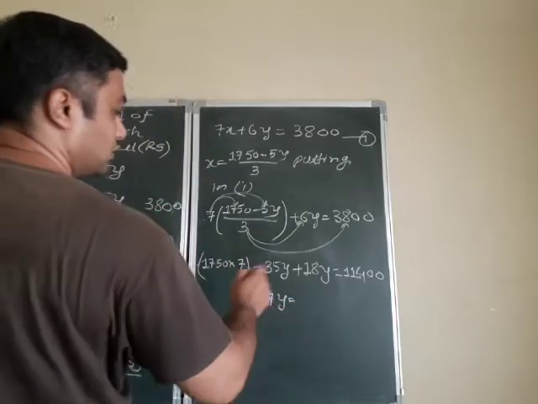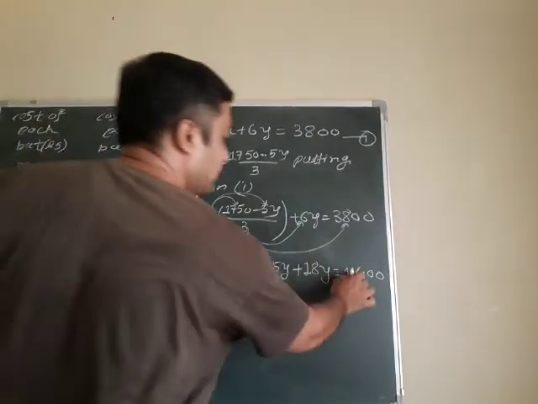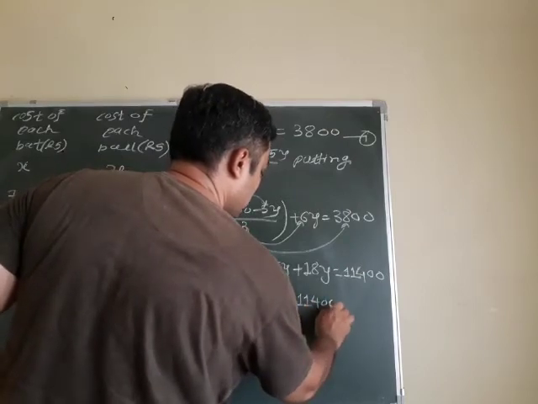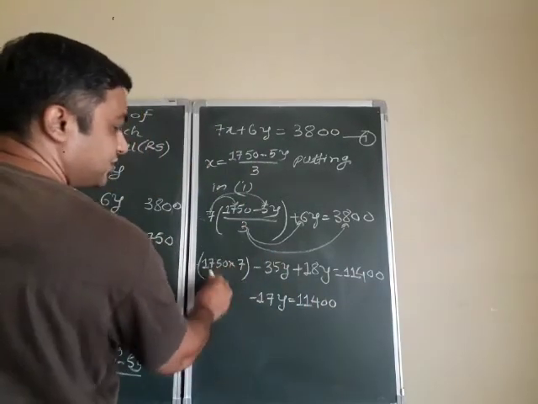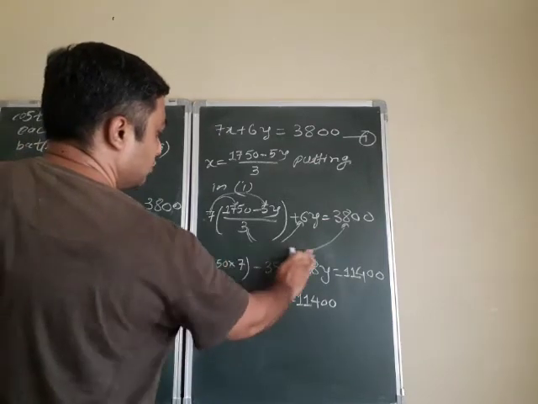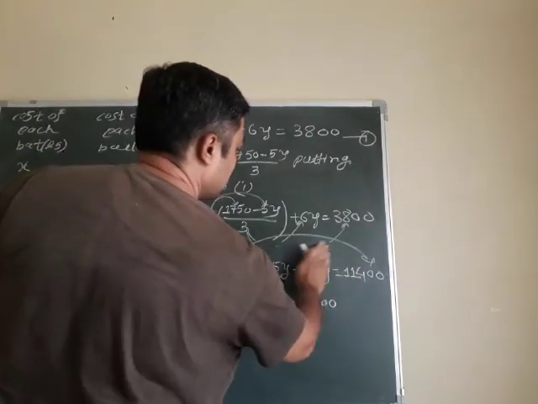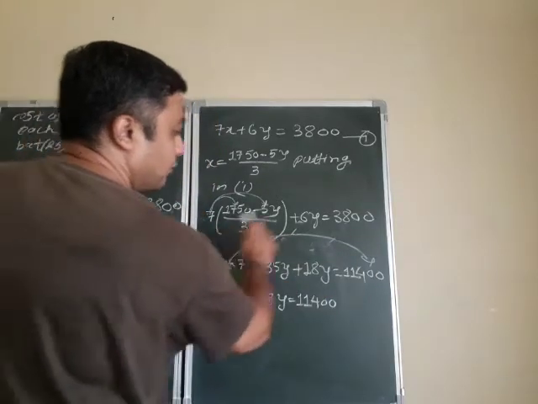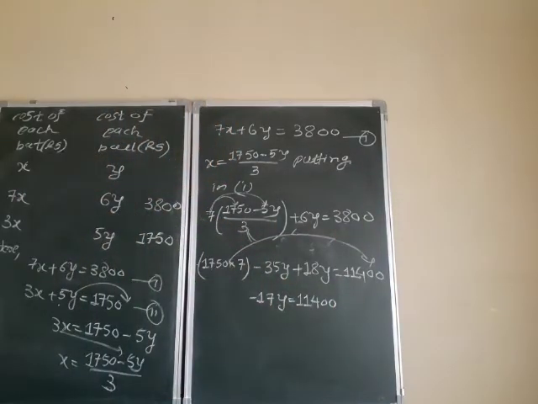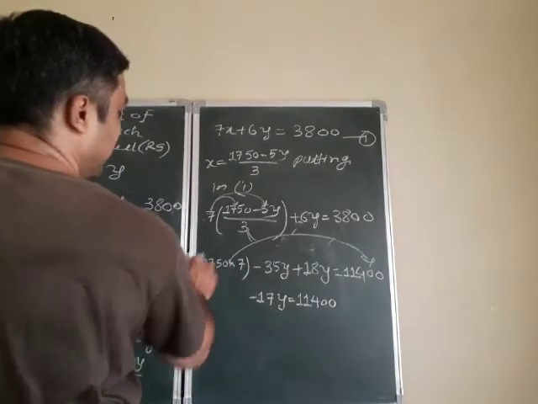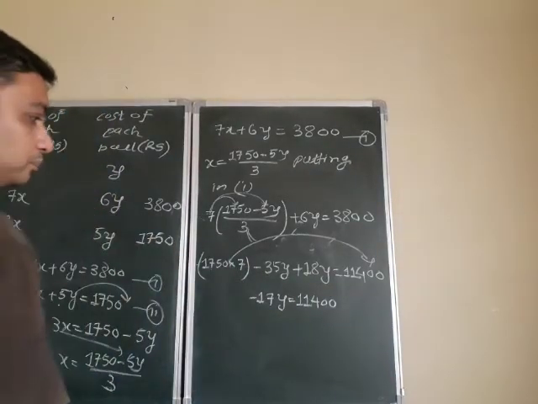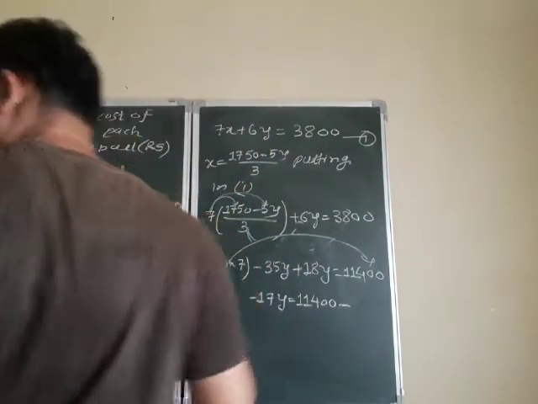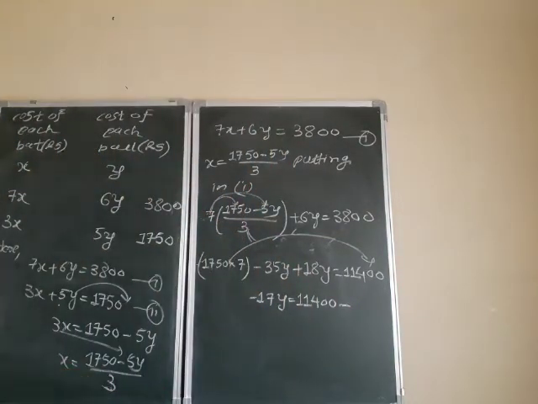Is equal to 11400, and when you multiply this with 7 and take this value on this side, it is plus; when it comes on this side, it becomes a minus. So minus 1750 into 7.